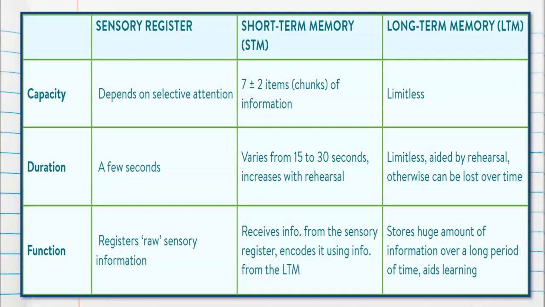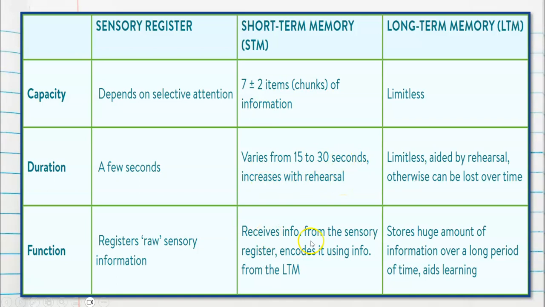So here is a really good summary table. Looking at the sensory register, its capacity depends on our selective attention. The duration is only a few seconds, and it registers raw or sensory information. The short-term memory store, on average, will store 7 pieces of information, give or take 2. It varies from 15 to 30 seconds in terms of duration, but can increase with rehearsal.